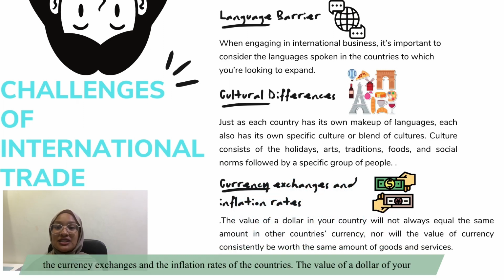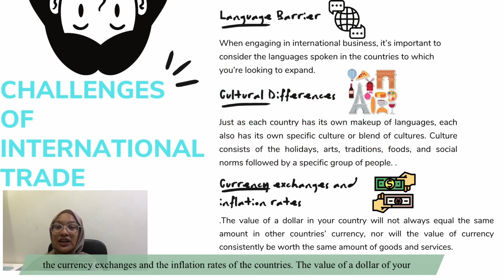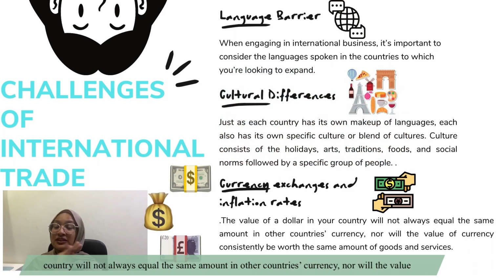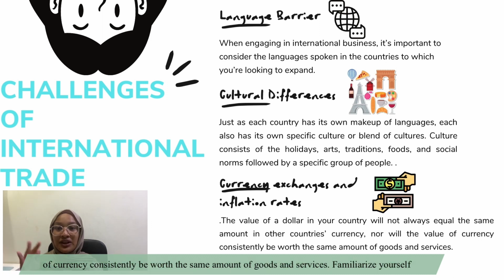Lastly, the currency exchange and inflation rate of the countries. The value of a dollar of your country will not always equal the amount in another country's currency, nor will the value of currency consistently be worth the same amount of goods and services. Familiarize yourself with currency exchange rates between your country and those countries you plan to do business with.